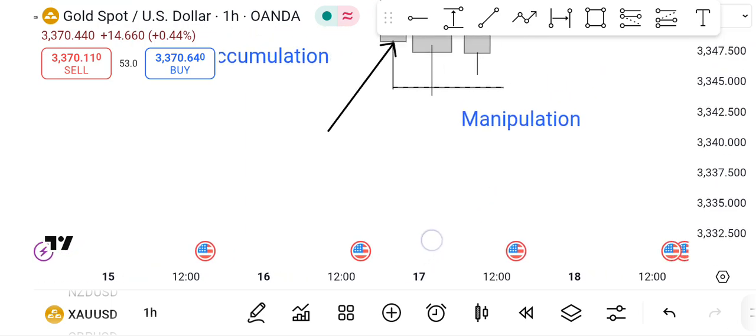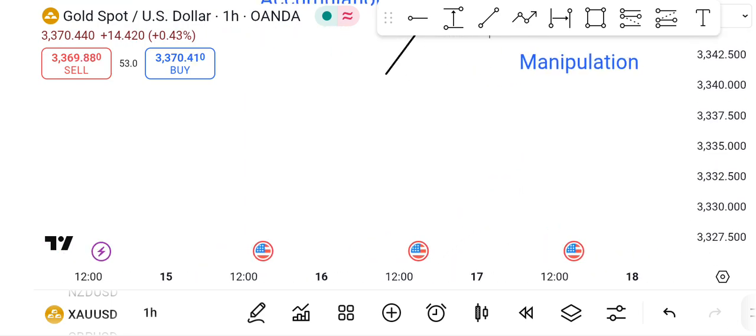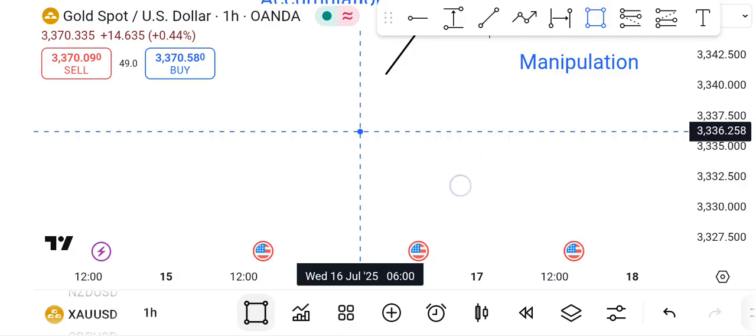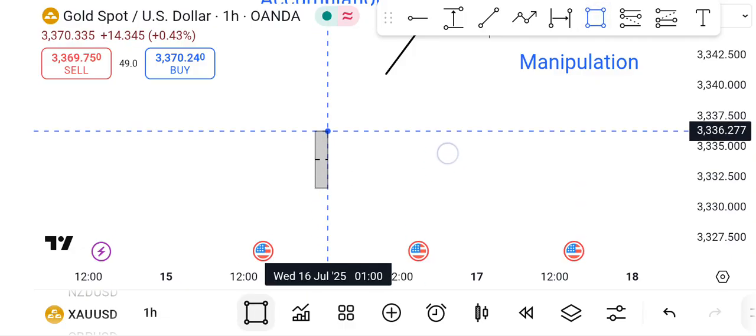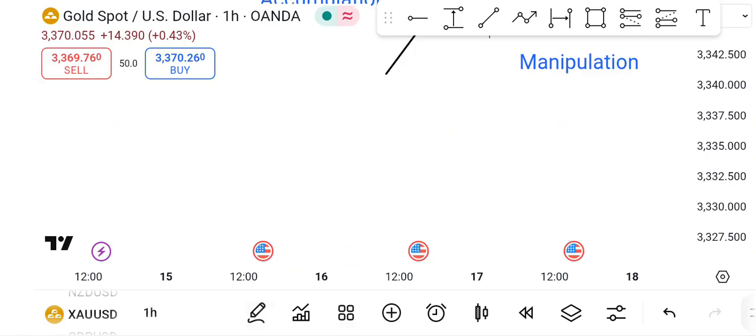The next key level is the fair value gap, or the imbalance. It is the space that is formed between two candles.